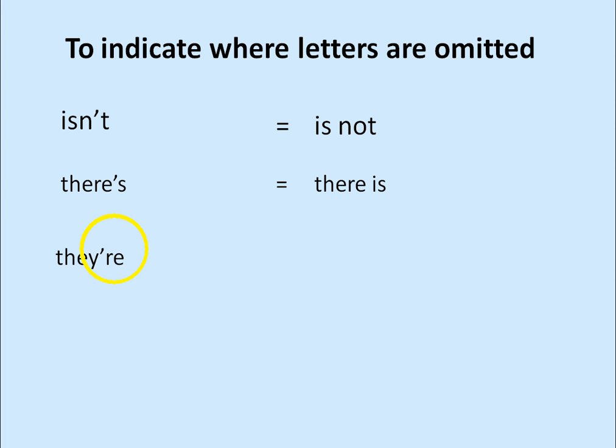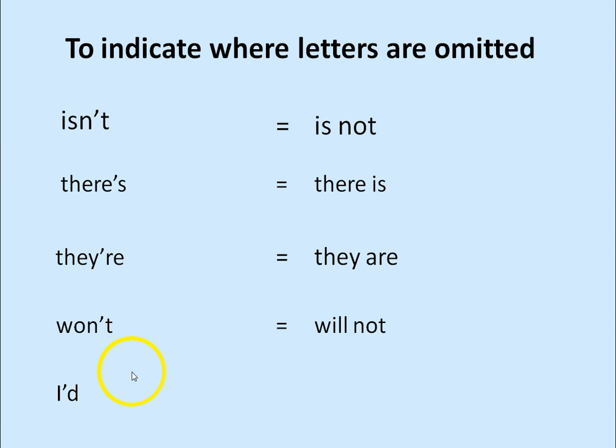In this example, the word they're, that's a short form of they are. A couple of other examples will indicate that sometimes there's more than one letter missing. In the example here, won't, like they won't be coming tonight, that's a short form of those two words, they will not. So in this case we see that there's more than one letter missing.